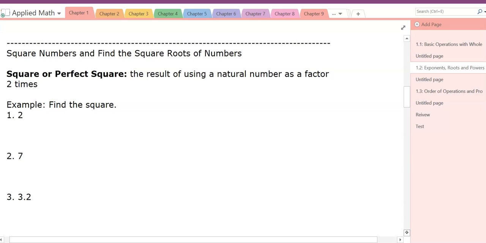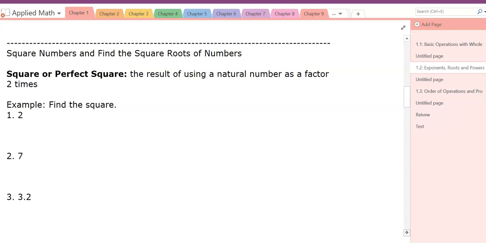Now we do have something called a square or a perfect square, and this is the result of using a natural number as a factor twice. So a natural number, remember, would be numbers 0, 1, 2, 3, 4, and so on. And if you square those, you're going to get another whole number, and those are called perfect squares. So like 2 squared is 4, so 4 is considered a perfect square.